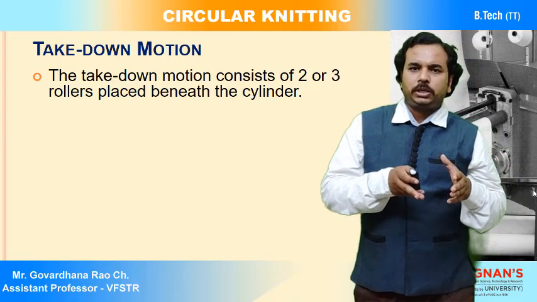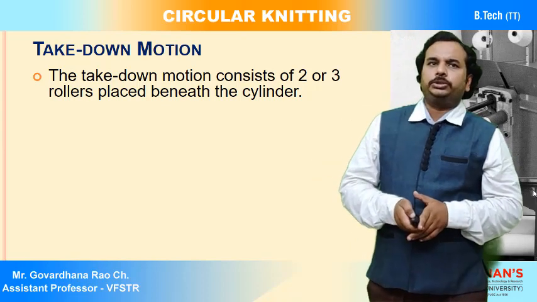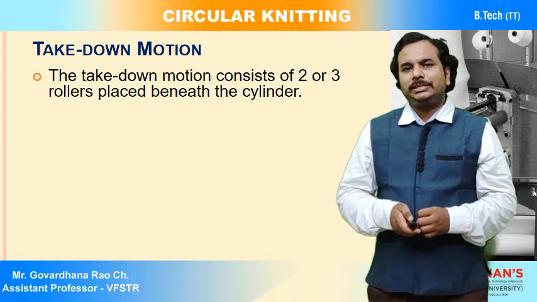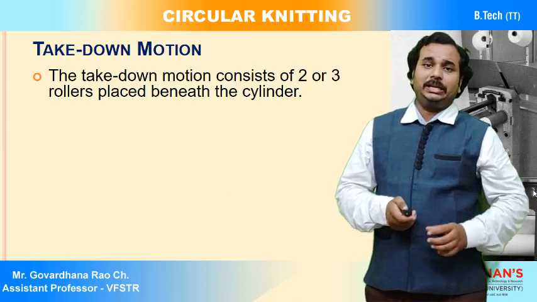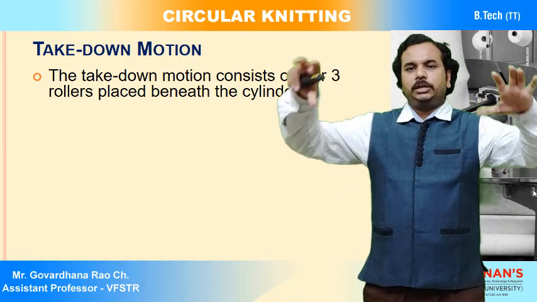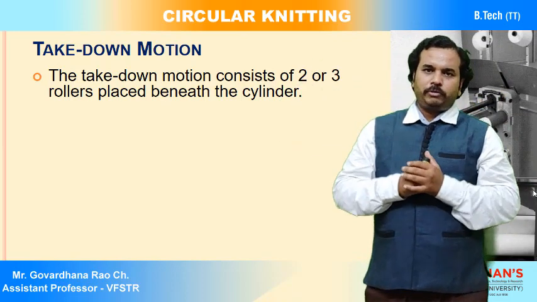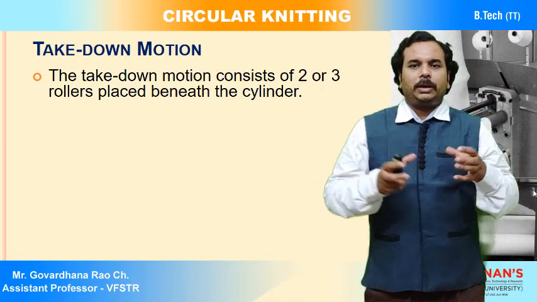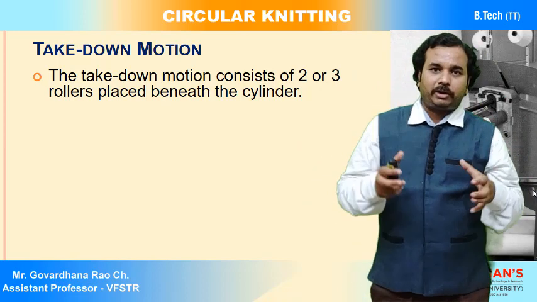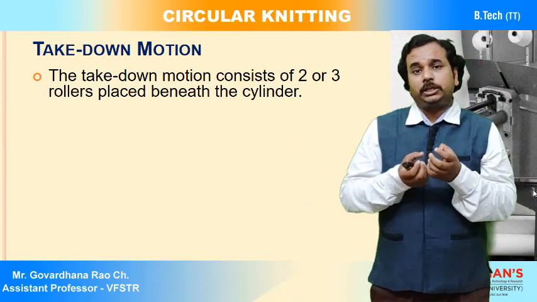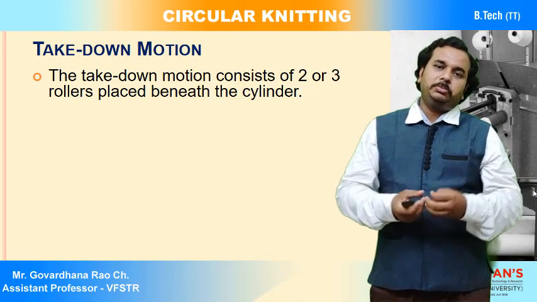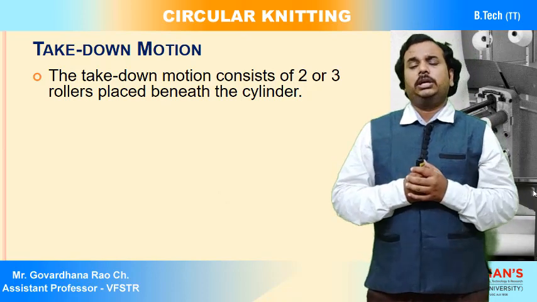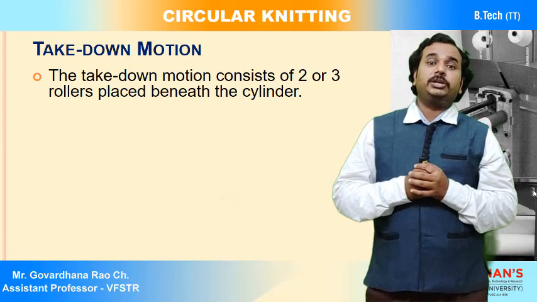Now you can see the takedown motion. The takedown motion consists of 2 or 3 rollers placed beneath the cylinder. There is a cylinder with a knitting zone, where the fabric is manufactured, that is, where the loop formation occurs. After the loop formation, the fabric is taken beneath the circular knitting machine.